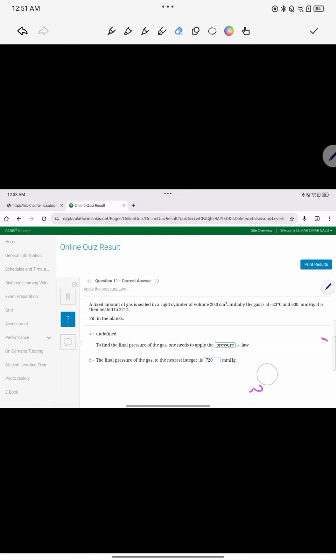P1 is 600. Volume in pressure law is constant, so we don't count the volume. This is T1, which is equal to 250K. This is P1. This is 300K, which is T2.